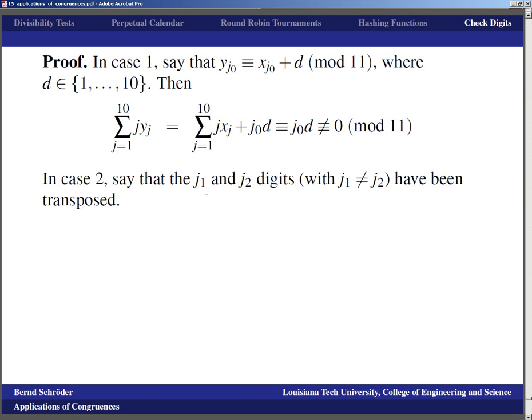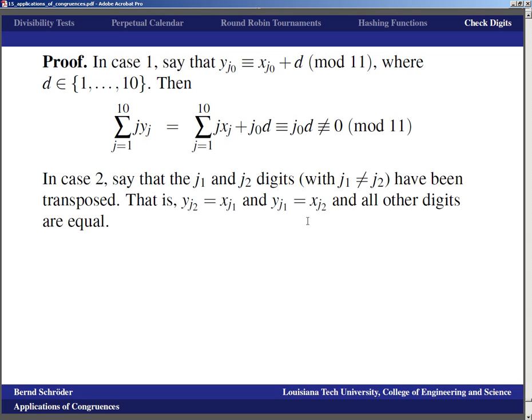Okay, in case 2, say the j1 and j2 digits with j1 not equal j2 have been transposed. Well, that means that y_j2 is x_j1 and y_j1 is x_j2, and all other digits are equal. And again, we look at the checksum of j y_j from 1 to 10.